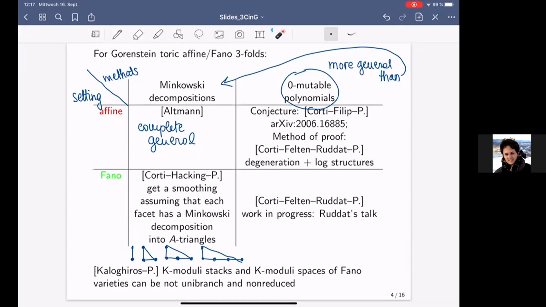And so this is a result of Namikawa and is not related to toric geometry, but we use this result in this kind of procedure here. And we don't have that theorem in fourfolds. Also because for fourfolds, there are examples of Gorenstein terminal fourfold singularities which cannot be smoothed.